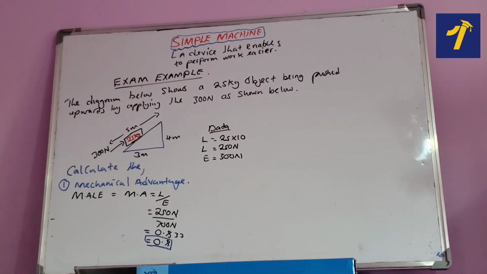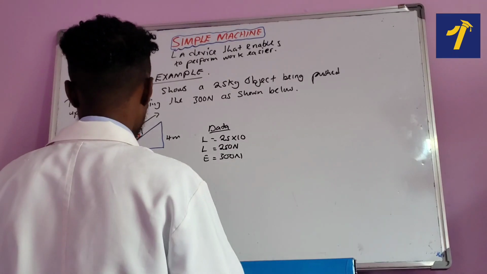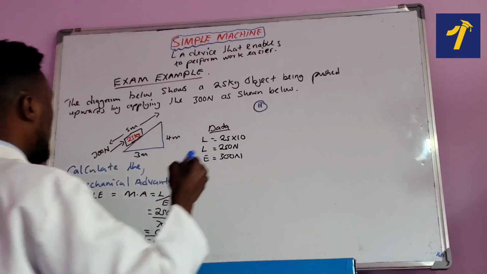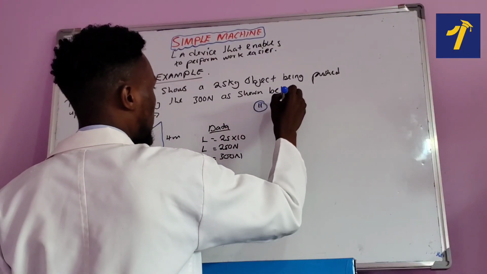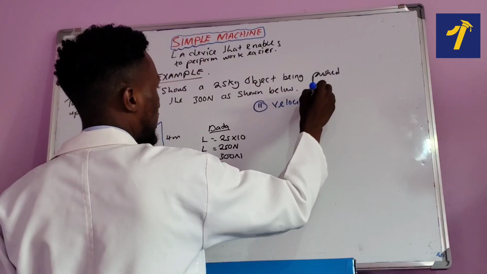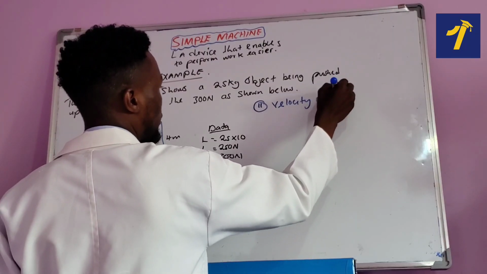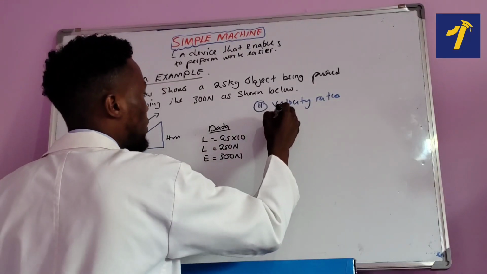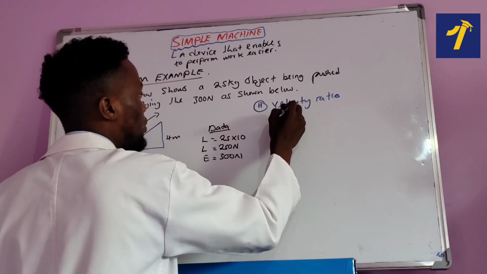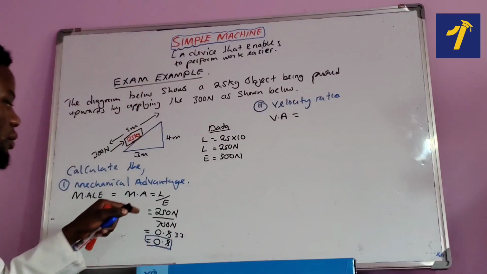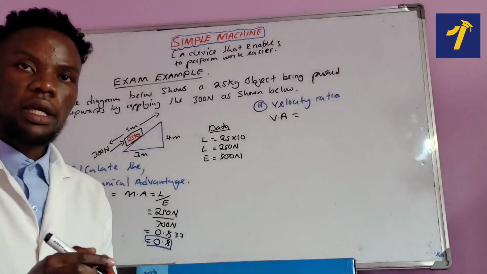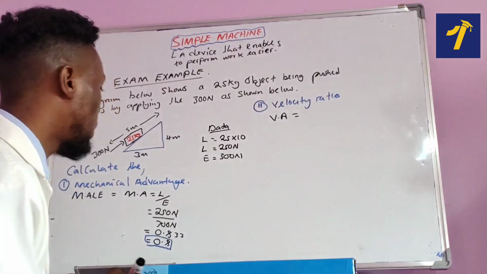All right, now we go to the next question. So the next question now, since this is the mechanical advantage that we are solving, is going to talk about calculating the velocity ratio. Velocity ratio. Again, what did I say about the velocity ratio? Remember, if you know the formula for mechanical advantage, you're just simply going to swap the factors which are there, which is the load and effort.